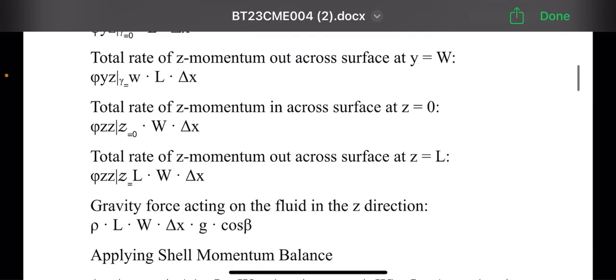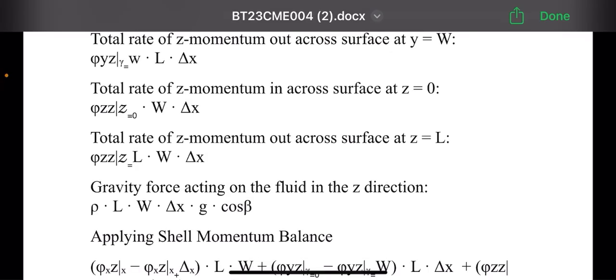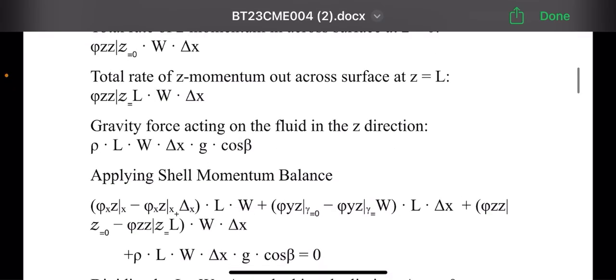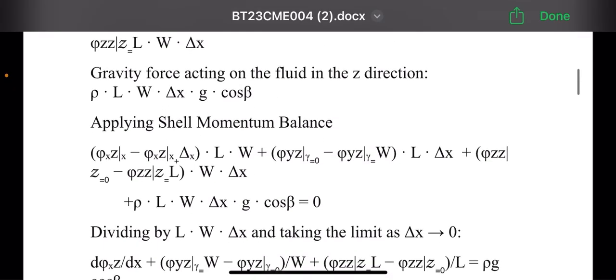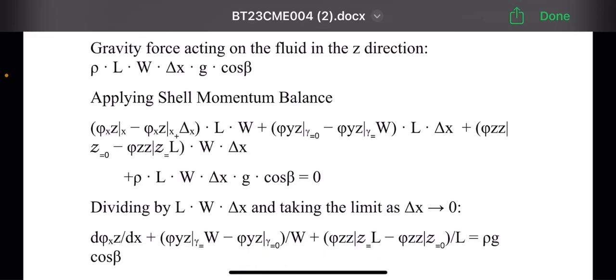Then we will have the gravity force acting on the fluid in the z direction, which will be rho into length into width into delta x into g into cos beta. If we do the complete shell momentum balance, we will have this equation. Then we divide this equation by the total volume, take the limit of delta x tending to 0, and use the definition of the derivative.